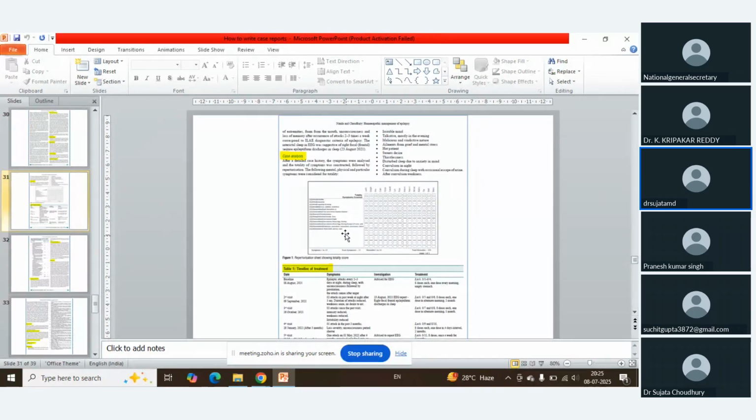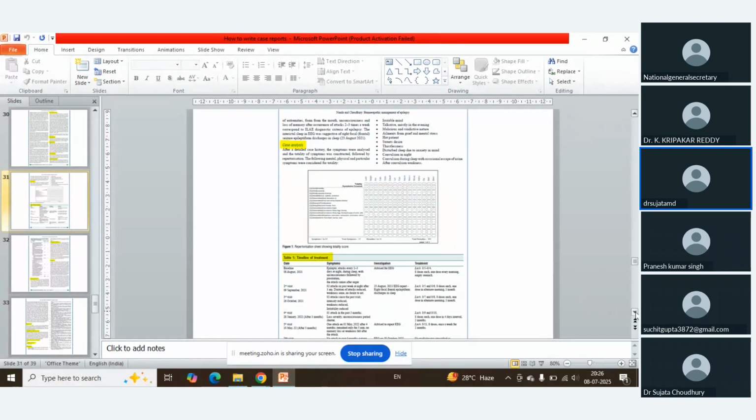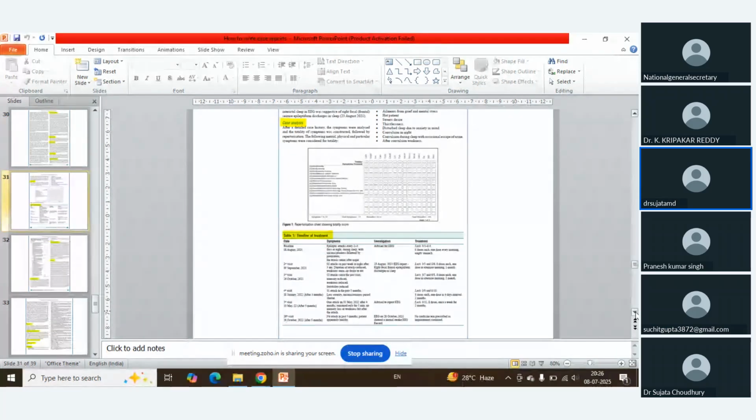Next, case analysis. Under case analysis, we have taken the totality of symptoms, repertorisation, then timeline. Timeline is nothing but the follow-up and all the outcomes. See, for follow-up you can present the data in a table also.